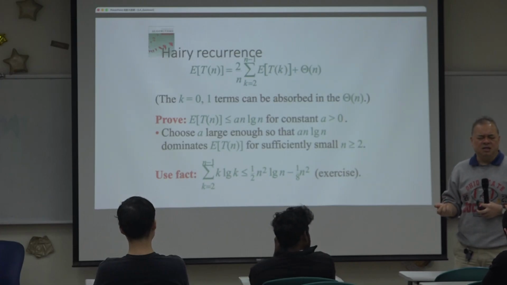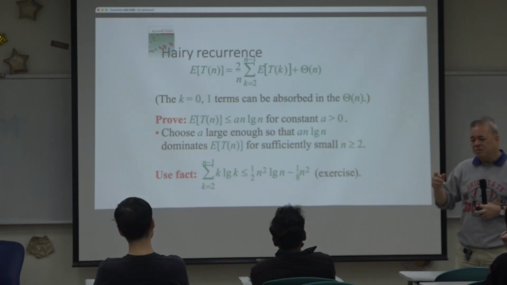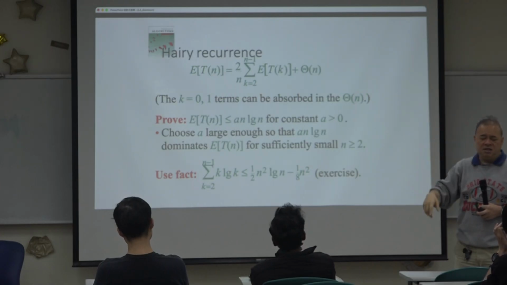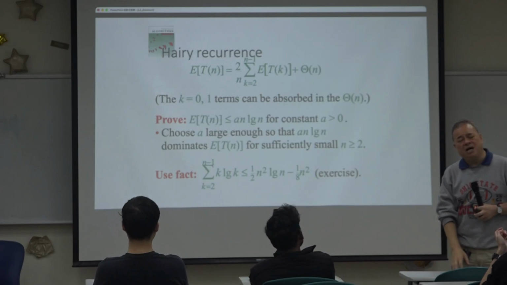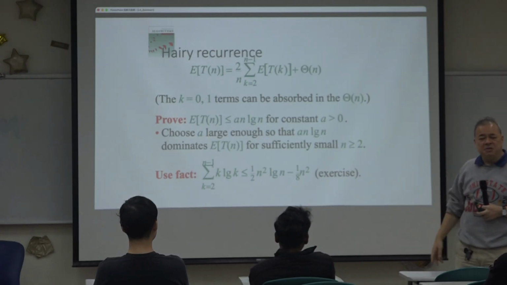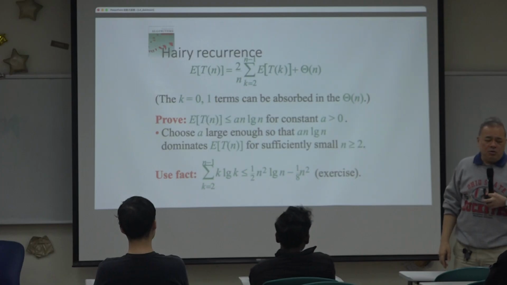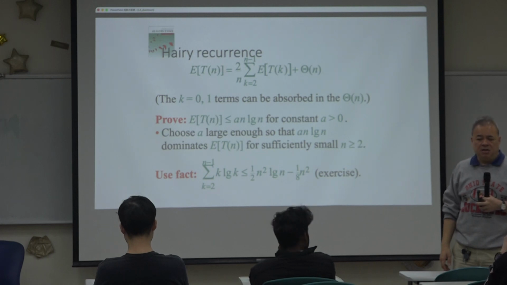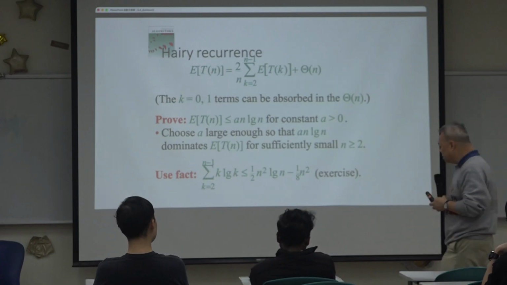One is recursion tree. This one doesn't look like the recursion tree can do the job, because there are too many branches. The third one is master theorem. Obviously, master theorem doesn't work because the formula doesn't fit. So the only possible way to do it is induction.